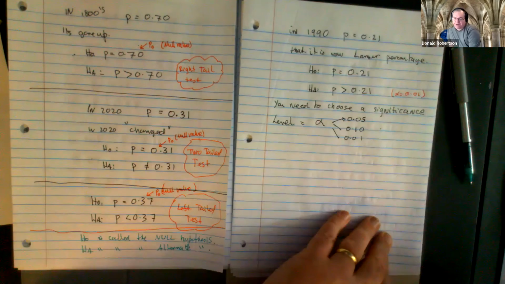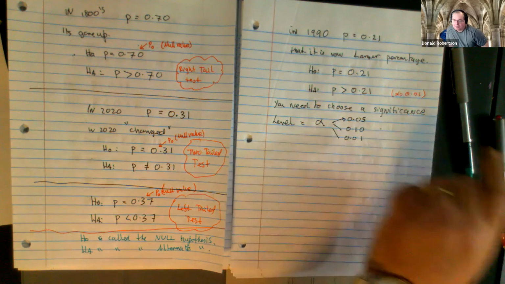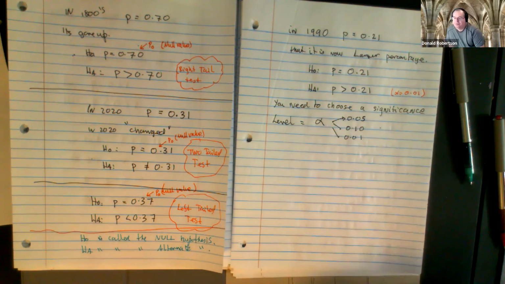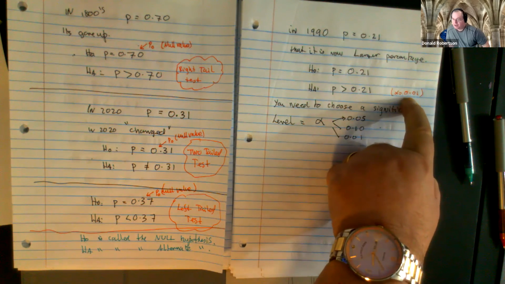So if at the end of the day, I end up saying, I've proved that people have got heavier, and the statistics say that, and it's valid, there's this little addendum, but there's a 1% chance I just got it wrong. Nothing in statistics is 100%. That's not the way the world works. We take the data and we do the best we can with it, but we're going to be wrong some of the time. The best we can do is to make sure that we're wrong as few times as possible, right?